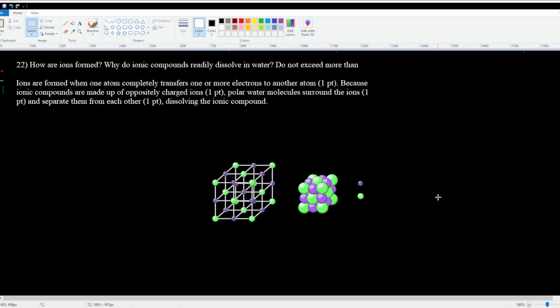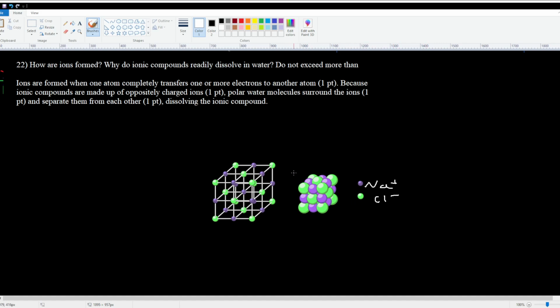Oh, it's actually perfect. Okay, so the purple is sodium, and then the green is chlorine.